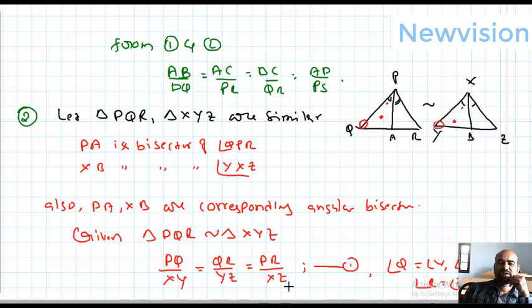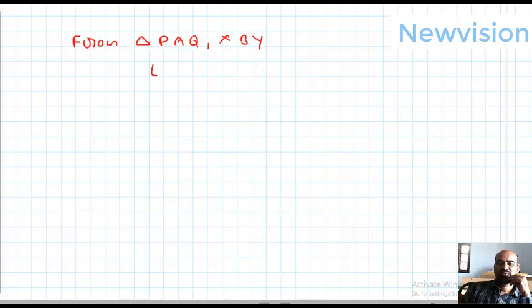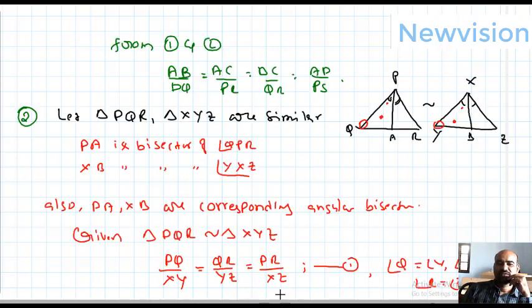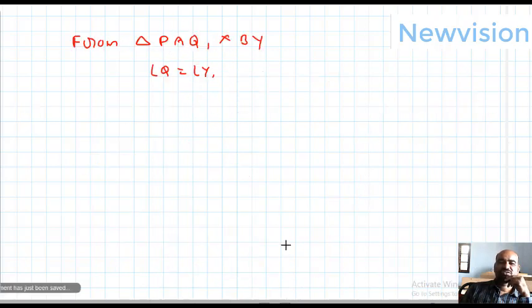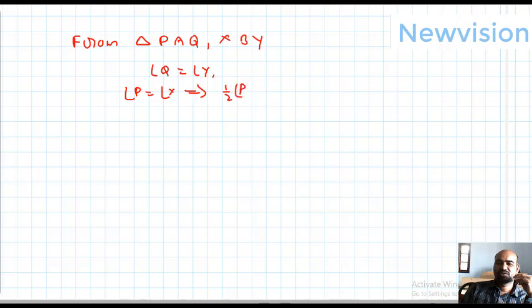Now the comparison. First of all, angle Q equal to angle Y. Next, angle P equal to angle X implies half of angle P is also equal to half of angle X only.